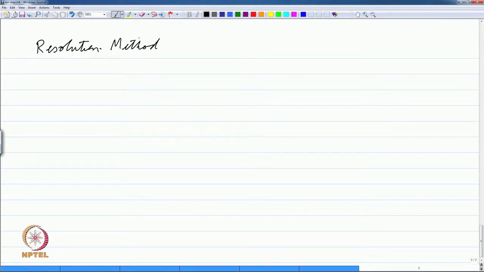So, let us see that the resolution method is in fact a generalization of both forward chaining and backward chaining. Let us take our favorite example, which is this Socratic example.